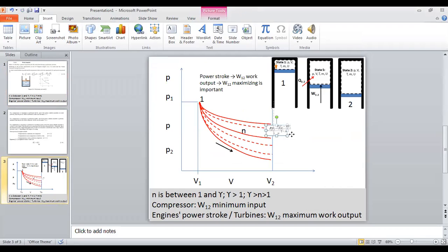Your W12 expression is here. That is minus, because this is towards minus, so outward it is plus.